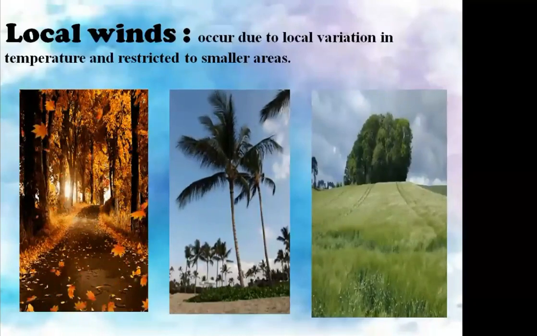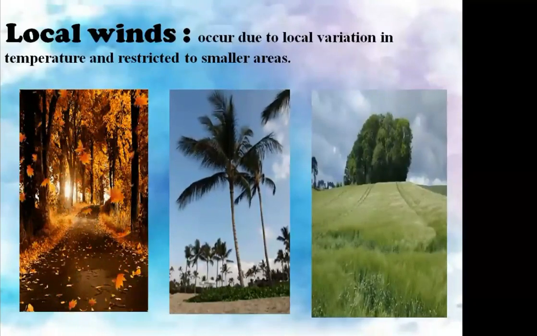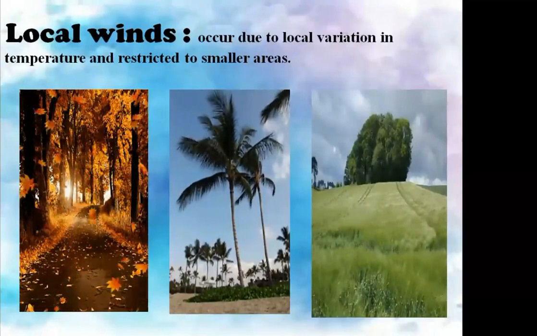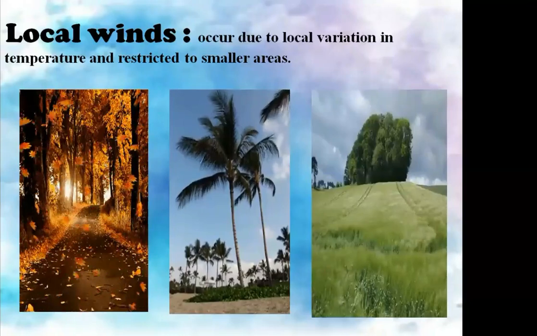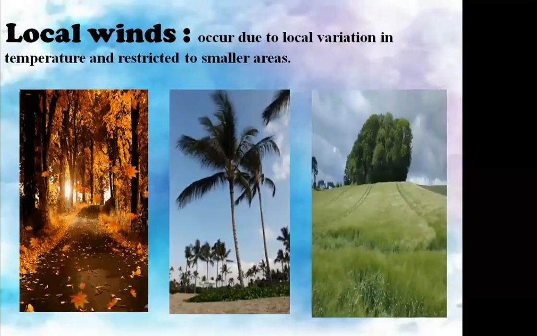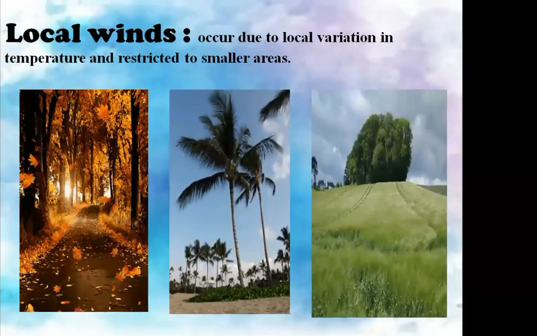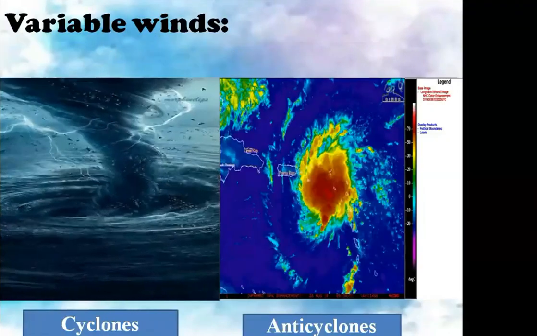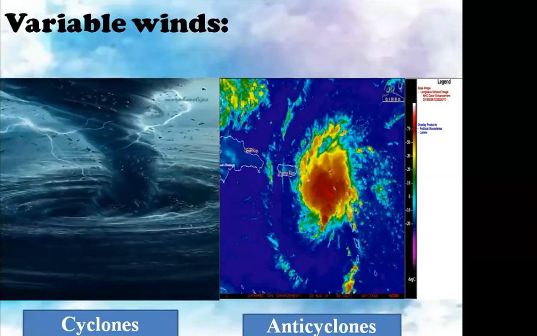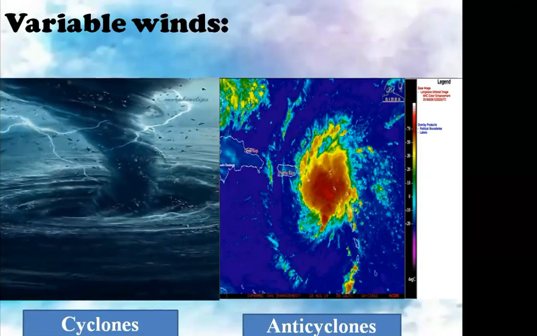Local winds occur due to local variations. For instance, in India, the Loo, hot and dry winds that originate from Rajasthan, blow over the northern plains. Variable winds are not regular and are of short duration. There are two types of variable winds, cyclones and anticyclones.